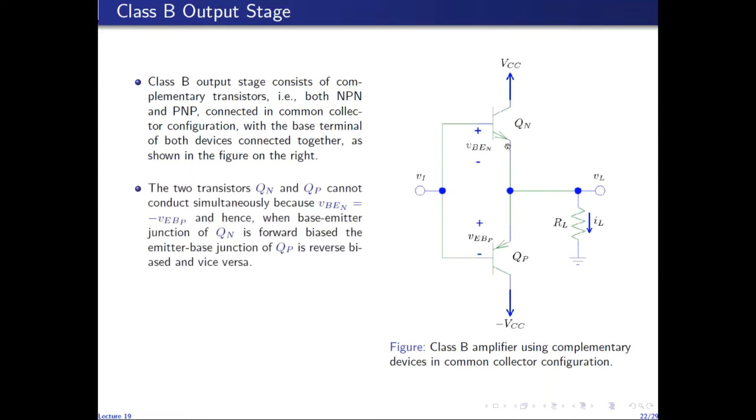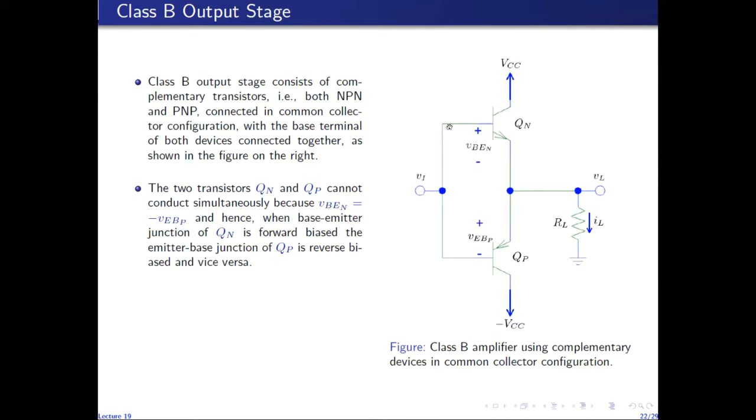It can be seen that the two transistors, QN and QP, cannot conduct simultaneously because VBE for QN is equal to minus VEB for QP.